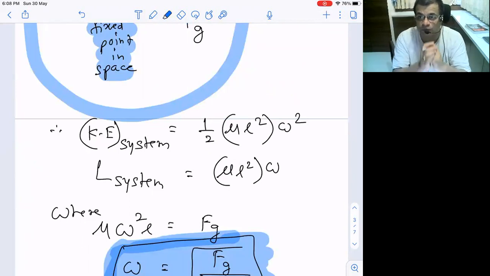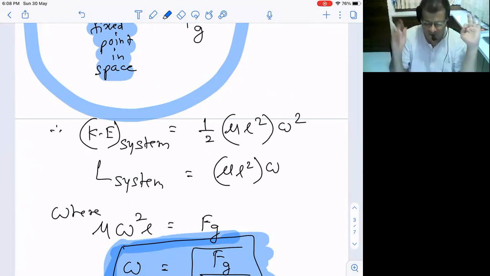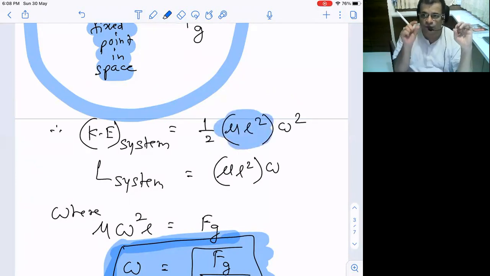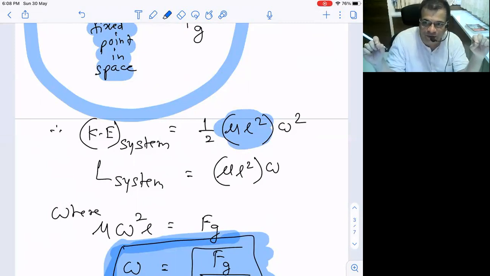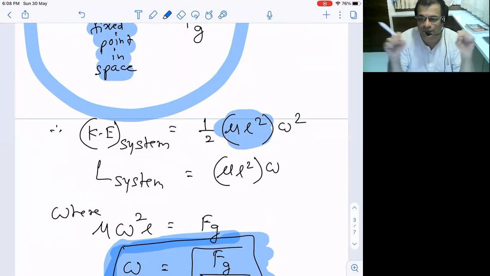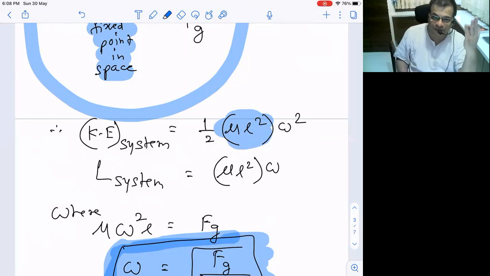Once you understand the concept of reduced mass, then the kinetic energy of the system can be found by using the simple approach half I omega square, where I is the moment of inertia of this reduced mass about the fixed point, and the distance between the reduced mass and the fixed point would be, friends, the separation between the two stars in the binary system.